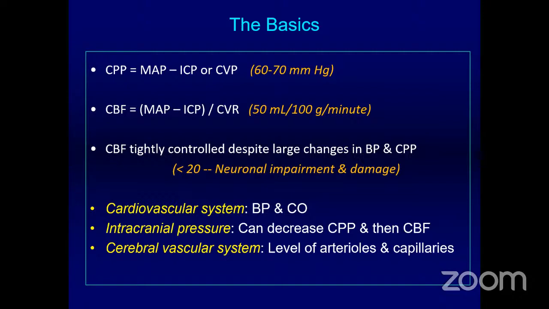Then you have the intracranial pressure, an important component, the three components of brain function, and any increase in the ICP can result in a decrease of the cerebral perfusion pressure as well as the cerebral blood flow. And what is happening at the level of the arterioles and capillaries is also important, whether it's dilatation or vasoconstriction, which can affect the flow at the level of the brain. So these are different components which affect the cerebral blood flow.